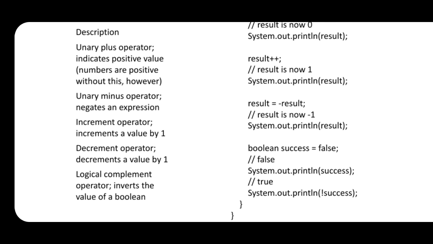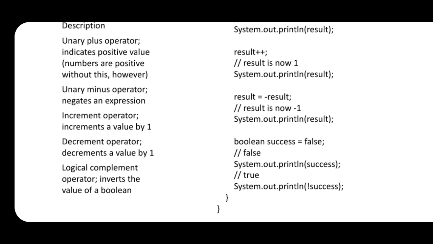Then you are going to have a boolean success is equals to false. Boolean success is equal to false. It is a variable which is assigned with false as a boolean value, and you are using an exclamatory within a system.out.println, which is nothing but called as what? Conversion or inversion of false to true.